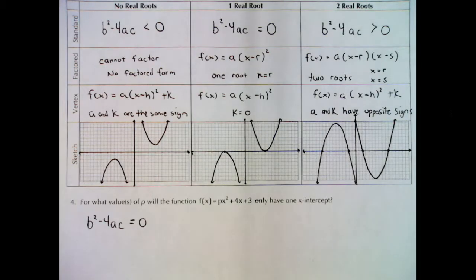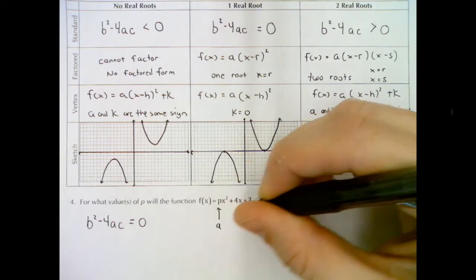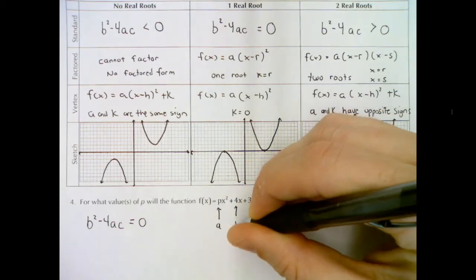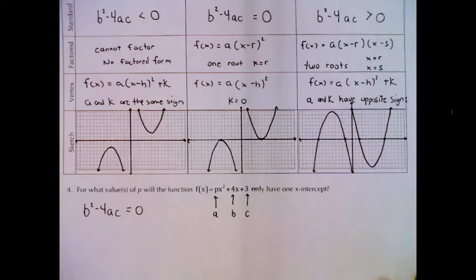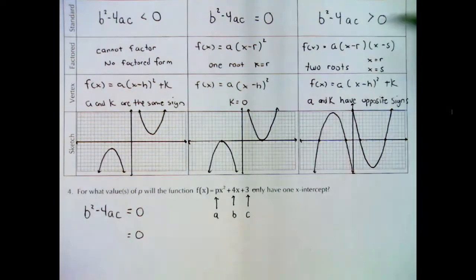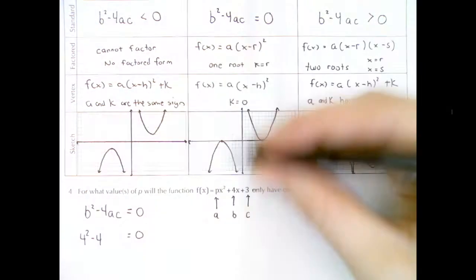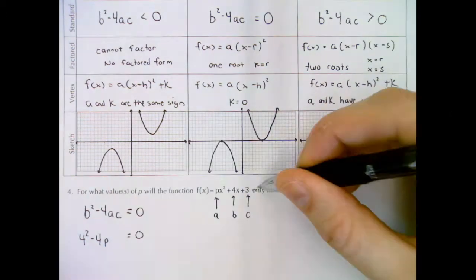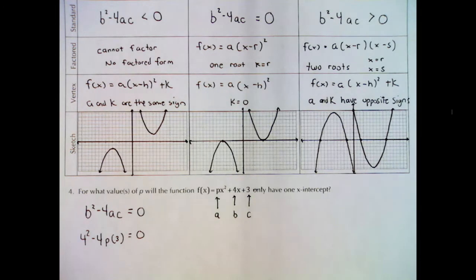Well, do we know a, b, and c? We don't know a, we do know b, and we do know c. So let's fill in what we have here and see if we can do something here. B is 4, so we got 4 squared minus 4 times a is p, and c is 3. So now you have an equation with only one variable.